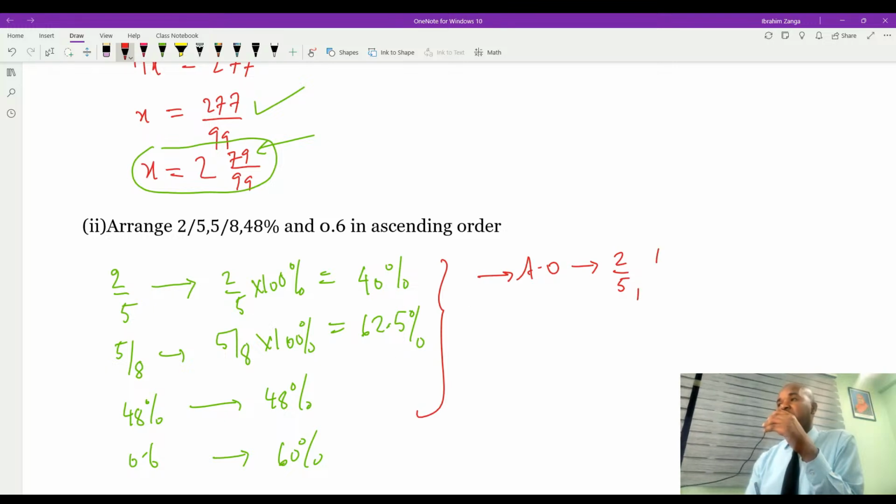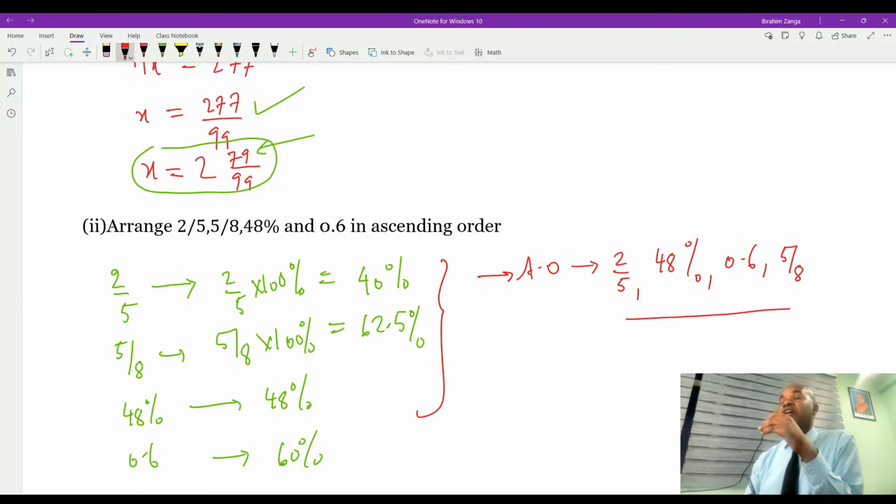You go to 48%, the second one, and the third one will be 0.6, and the last one will be 5 over 8. So this is ascending order arrangement, and we have managed to arrange these numbers in ascending order.